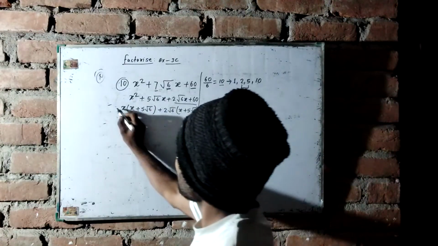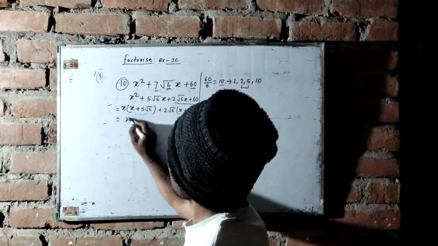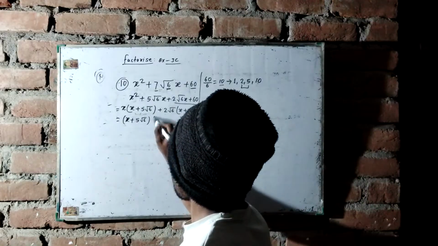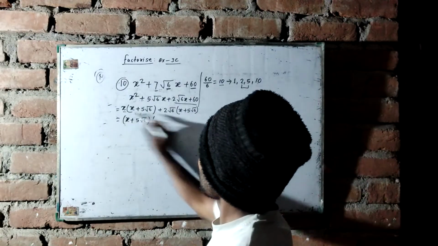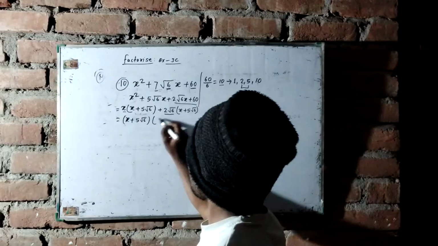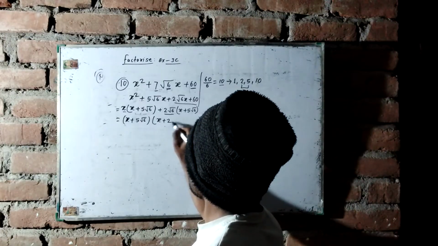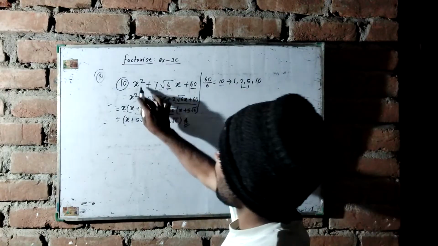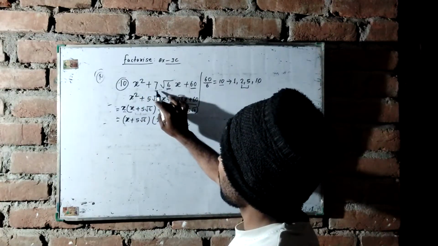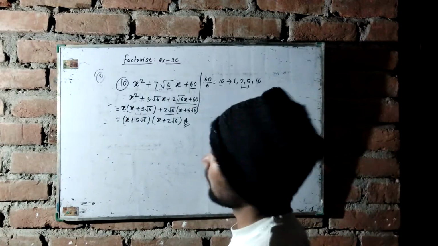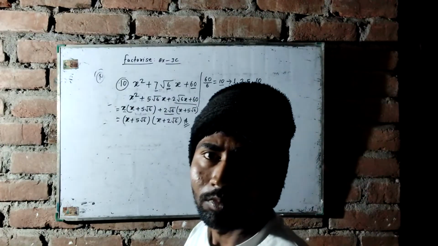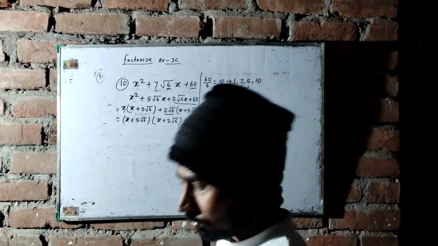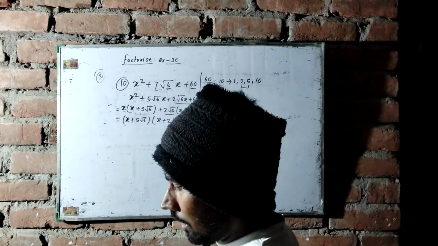So we can take x plus 5 under root 6 as a common and x plus 2 root 6 as a multiple. This is the required factors of the polynomial x square plus 7 under root 6 x plus 60. Now let's go ahead to the next question. Question number 11.